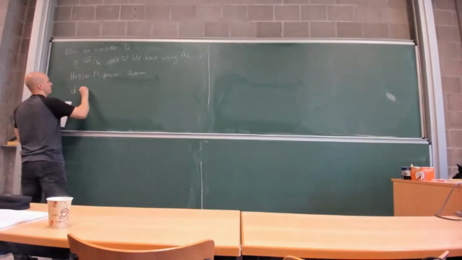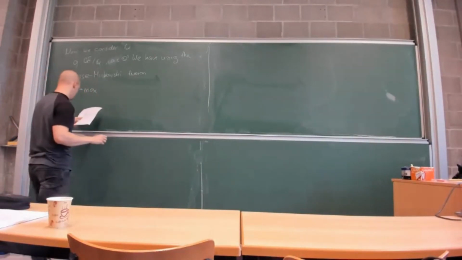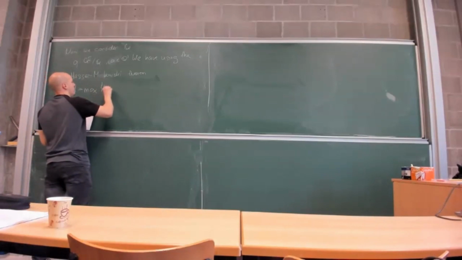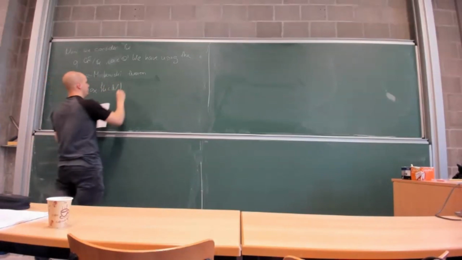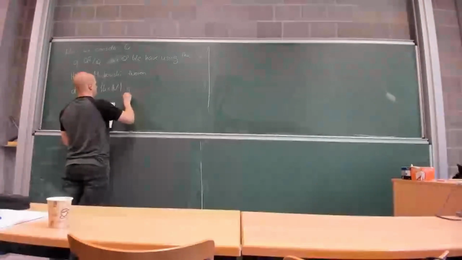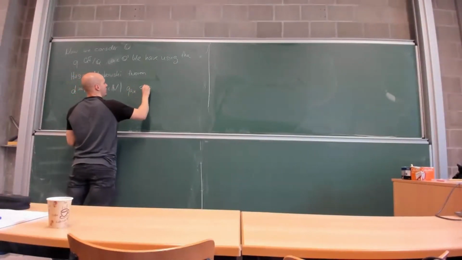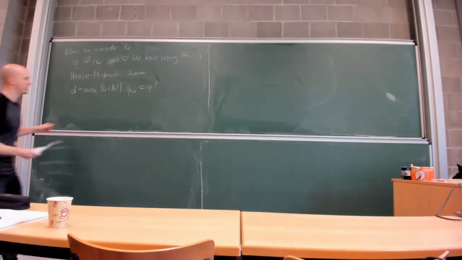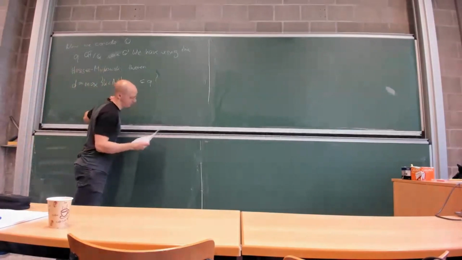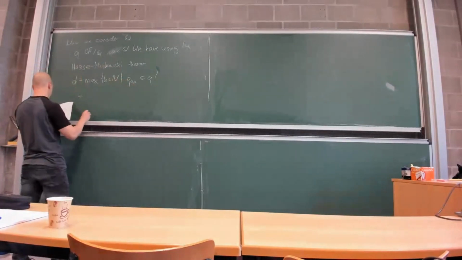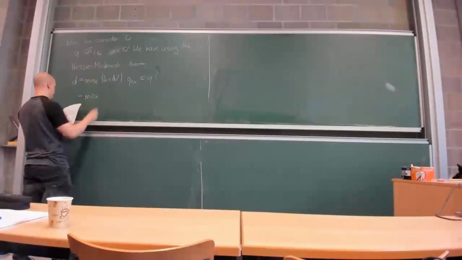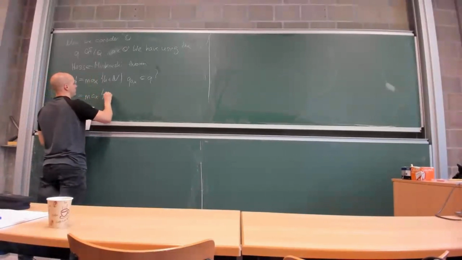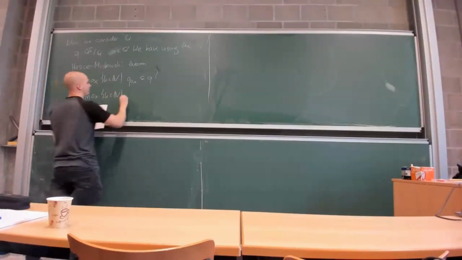So let me define this integer m. This should be the maximum of k such that QAK is a subform of Q, in the sense I only talked about informally before. And this is exactly using this principle from Minkowski.